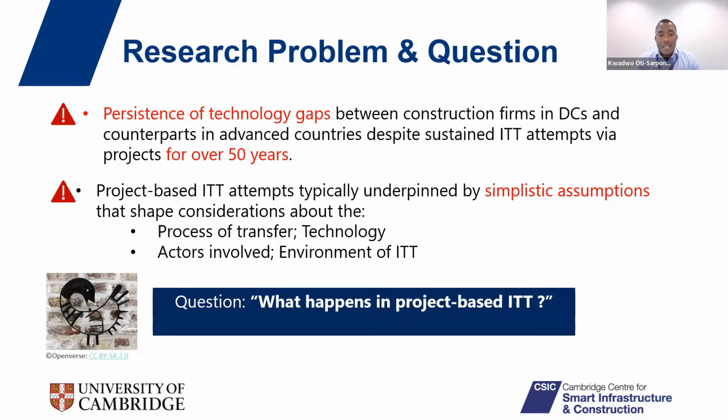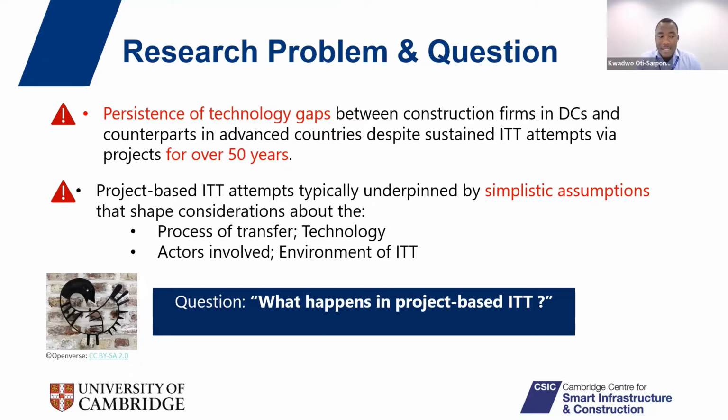And so the question that becomes apparent is, shall we turn back and look at what happens in a project-based international technology transfer attempt? Because in order to better understand how to bridge the technology gap, it is important to take a critical look at exactly what happens by putting aside all these simplistic assumptions.